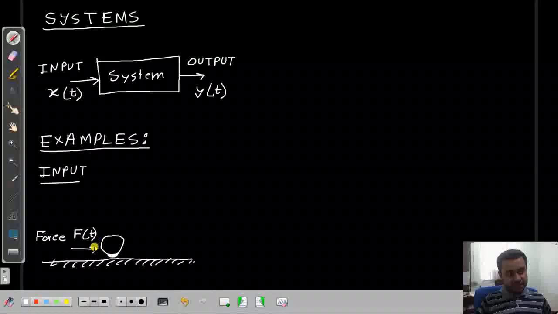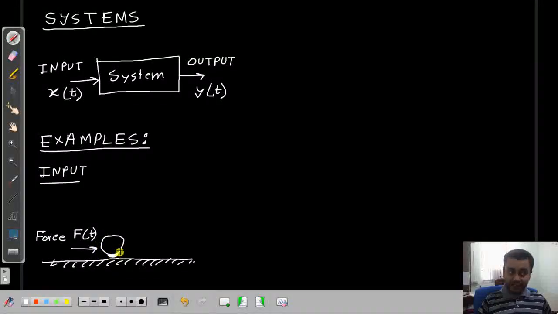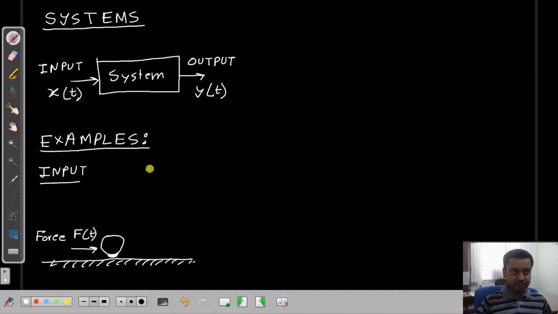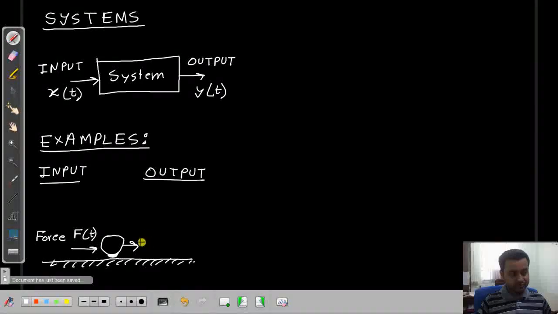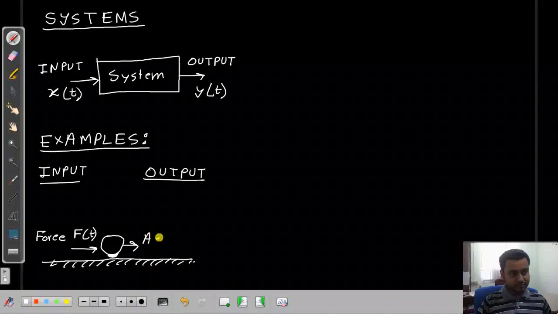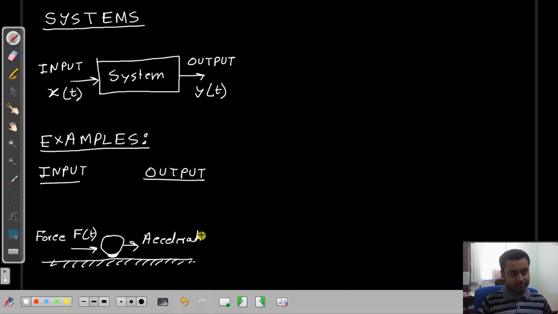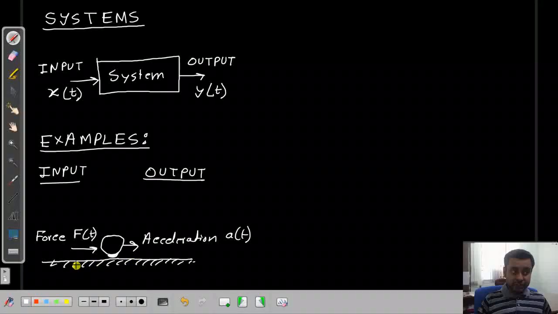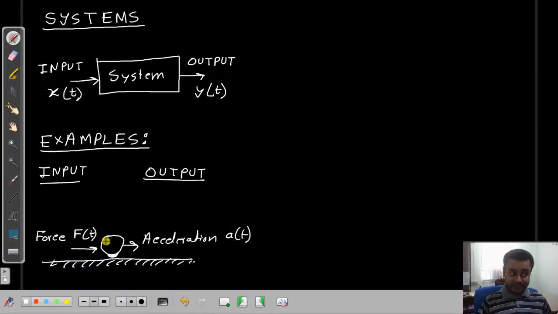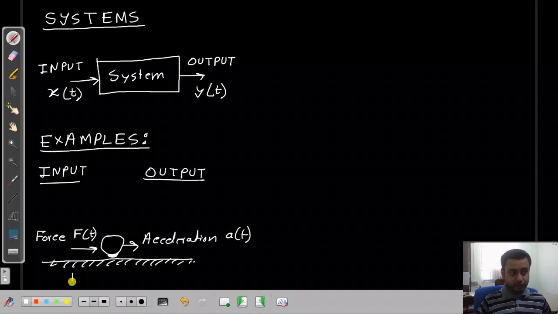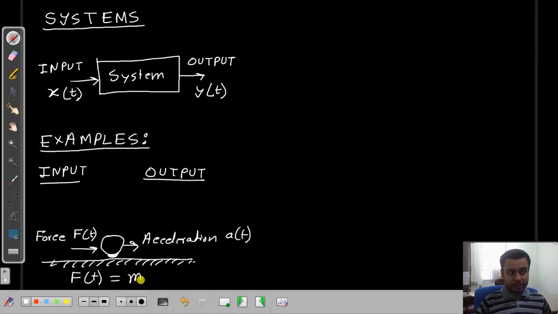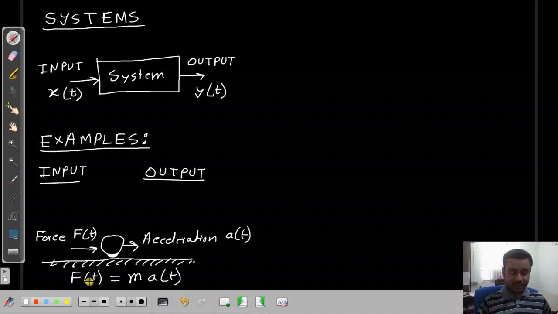As a result, this object will have some acceleration that we can consider as the output, call this a of t. Now the relation between the input and output in this case is very simple. We know that f of t is equal to the mass times a of t. This is the output, this is the input.